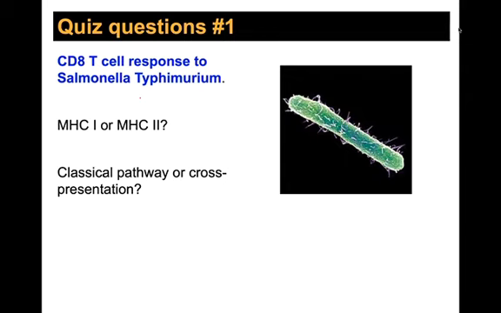So you need that extra set of taking extracellular proteins, feeding them into the cytoplasm where they get degraded by the proteasome, and then put back out by TAP. So that's cross-presentation. Whenever you have an extracellular thing, it's cross-presentation. If it's cytoplasmic, it's just the classical pathway. The only difference is that additional step by Sec61 of putting it into the cytoplasm first.